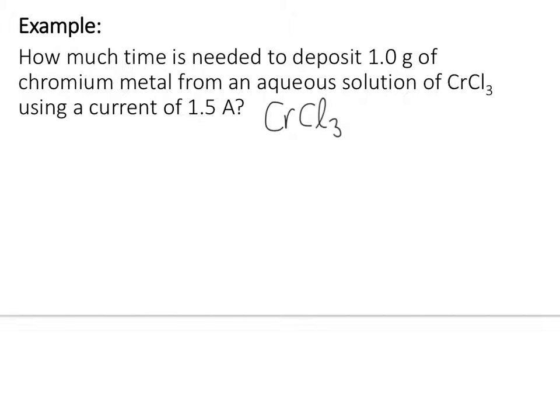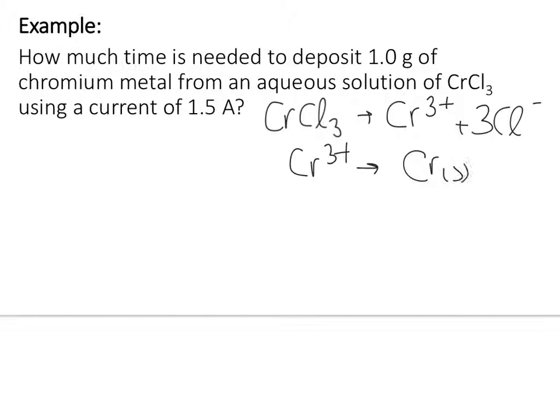If you were to split this up, you'll find that you get chromium 3 plus and technically 3 Cl minus. So that means we're looking for a reaction that goes from chromium 3 plus to chromium as a solid, and in that case, we're going to add 3 electrons. So that is on our chart somewhere, and we're going to end up using that.